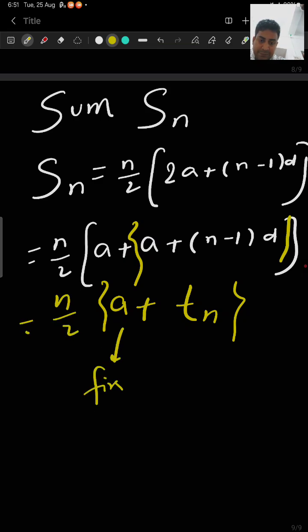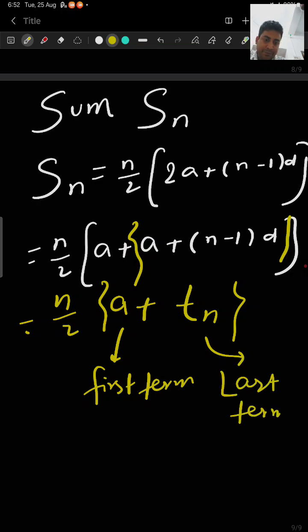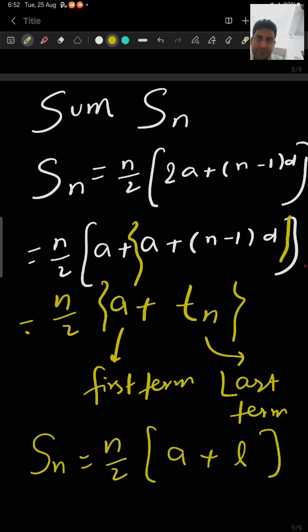This is the first term and this is the last term, also known as Tn, the nth term. Then we also get a formula for Sn as n by 2 into a plus l. L is the last term.